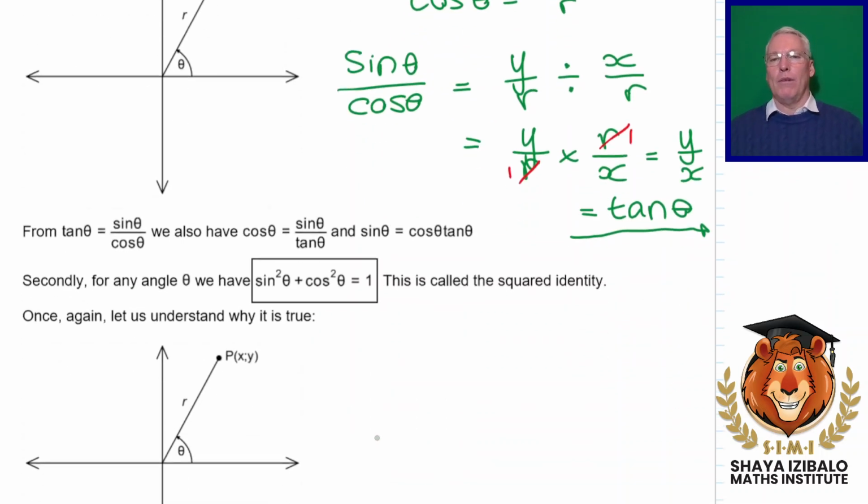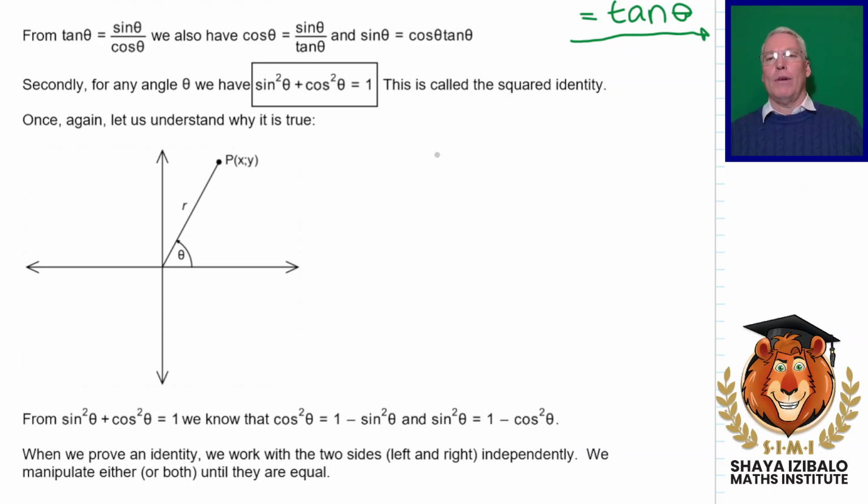Let's prove the other one that we've been using, and that is that sine squared plus cos squared is 1. Once again, exactly the same thing. We know that sine theta is y over r, and cos theta is x over r.